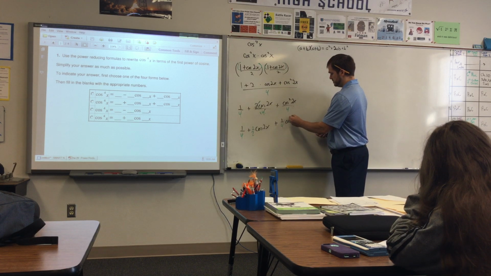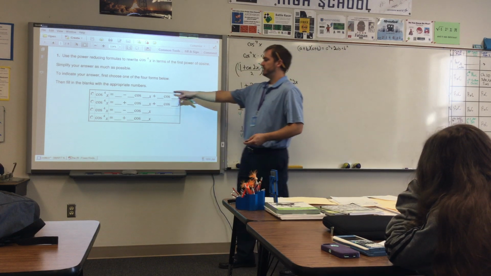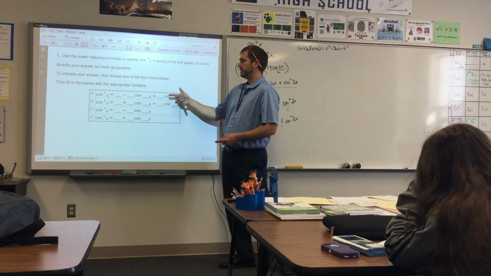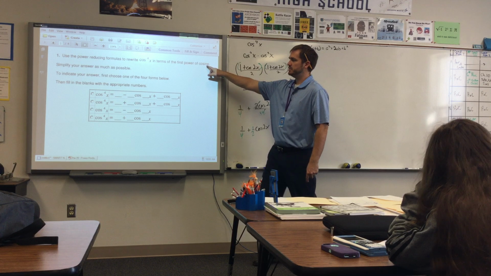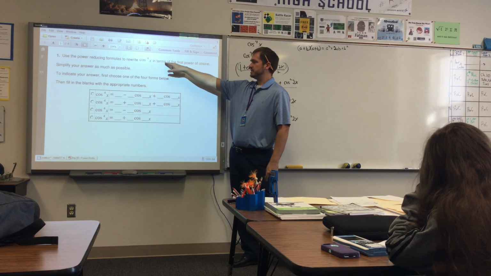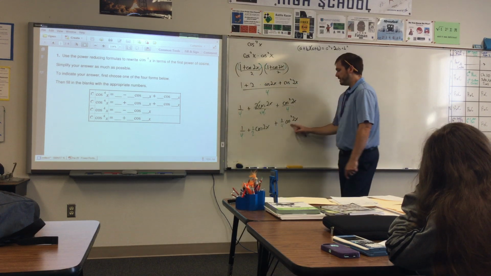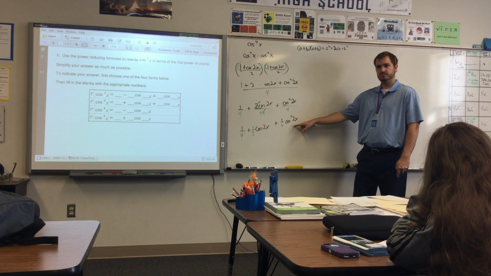Uh-oh. No, we don't have a cosine squared. We have just a cosine right here. We can put a 2x right here, but we don't have the option of putting the squared here. And in fact, the instructions say we need to reduce this in terms of the first power of cosine. So that means we need to break this down into just cosine.